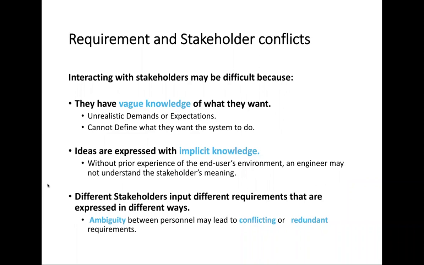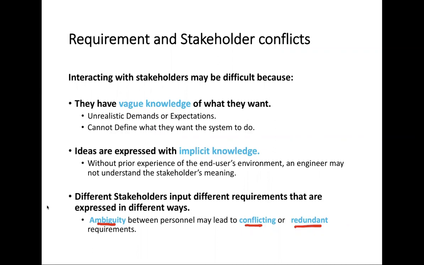They might have vague knowledge of what they want. Ideas are actually expressed with implicit knowledge. We might even have different stakeholders input different requirements, and they might express those requirements in completely different ways. So we end up with ambiguity that might lead to conflict, or even some redundant requirements.